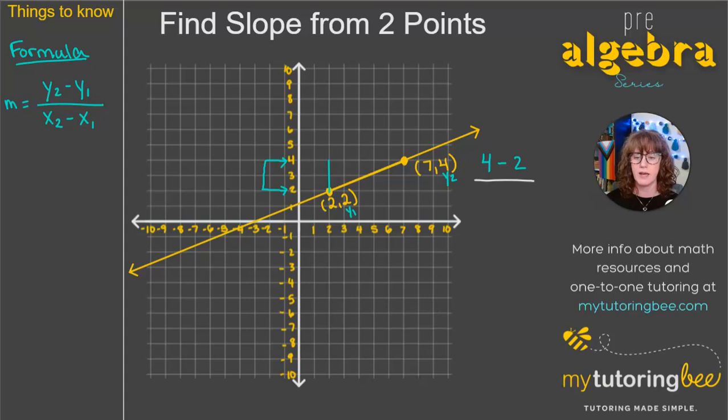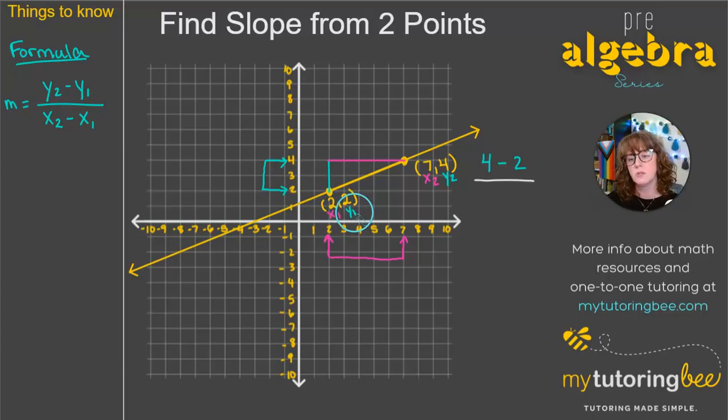So now let's go to the x values. When we are looking at the run between 2 points, we want to know what is the x distance away from this x distance. So same thing here. We want to know the x value of the second point minus the x value of the first point.